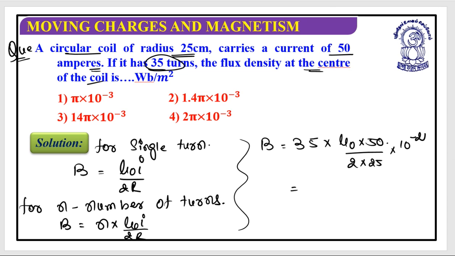So that should be 25 2s are 50. This is 35 multiplied by mu naught, which is 4 pi into 10 to the power minus 7, into 10 to the power minus 2. Yes, mu naught is equal to 4 pi into 10 to the power minus 7. And now get it done. It's 13 Tesla. I hope this is clear.